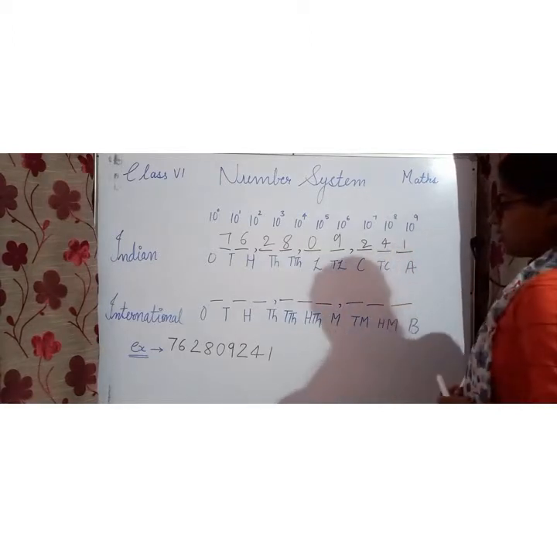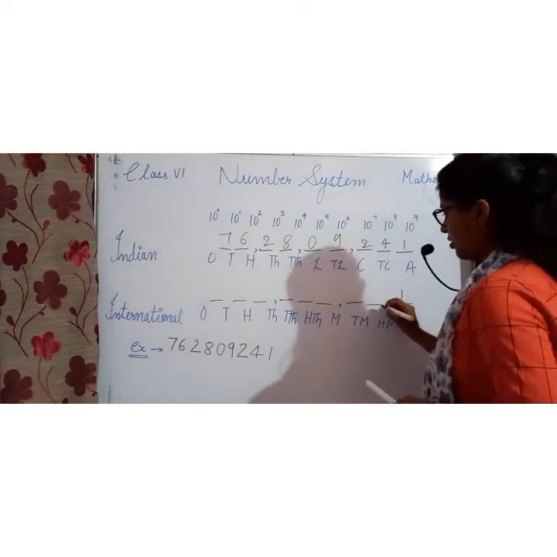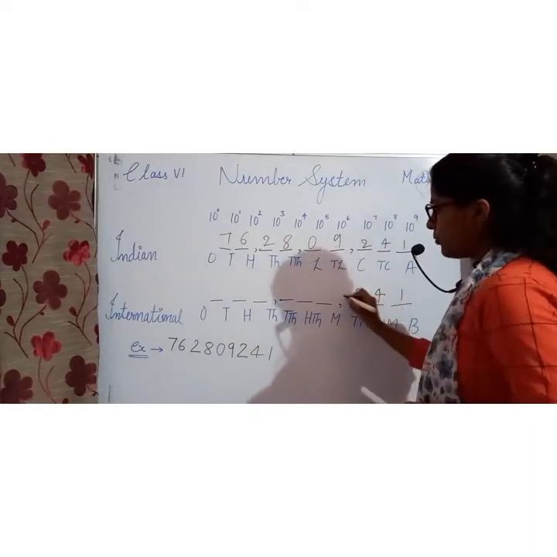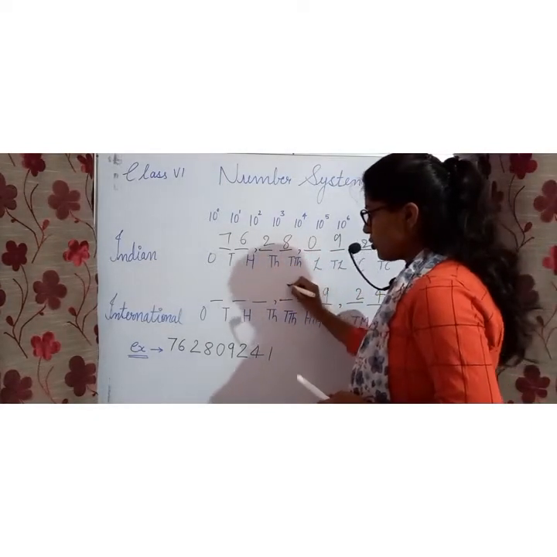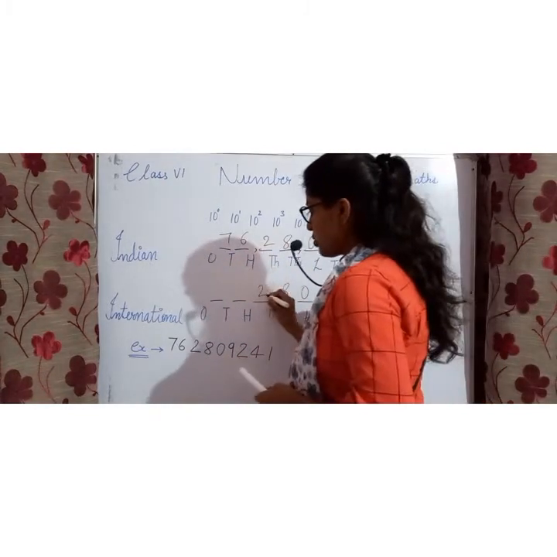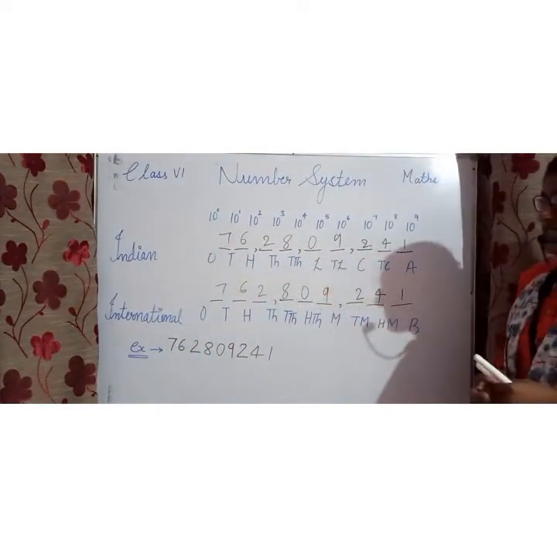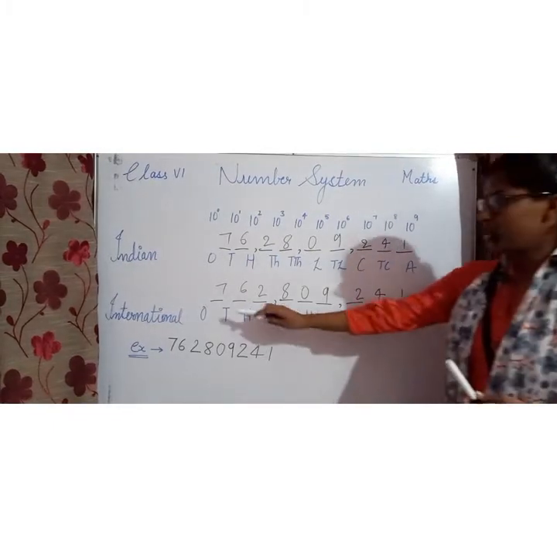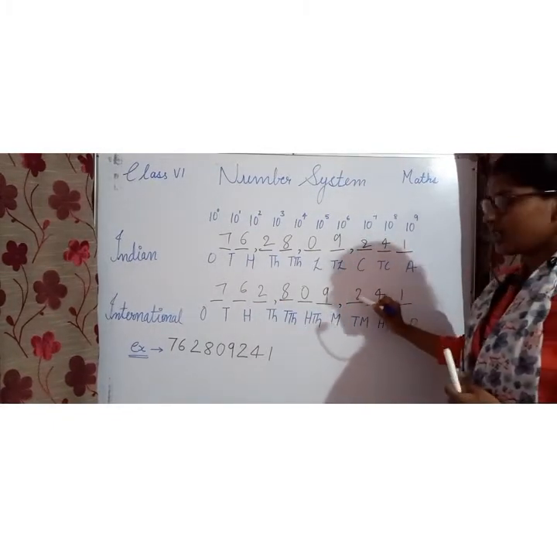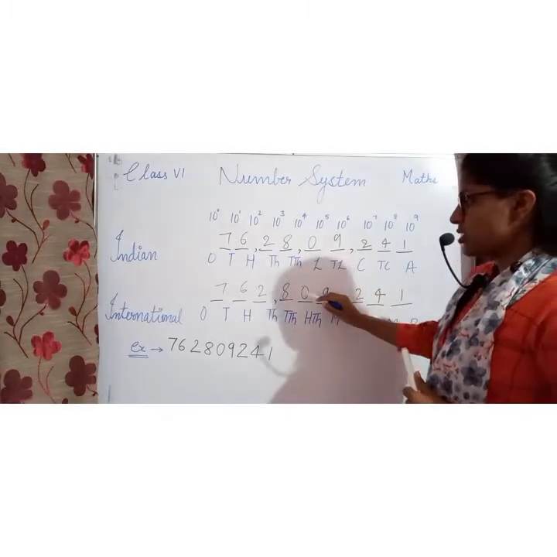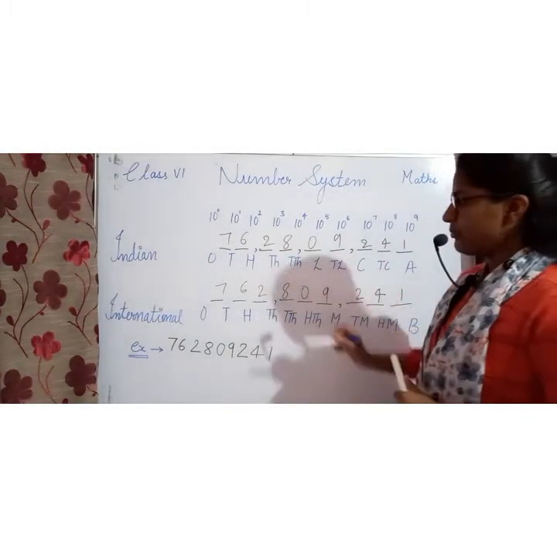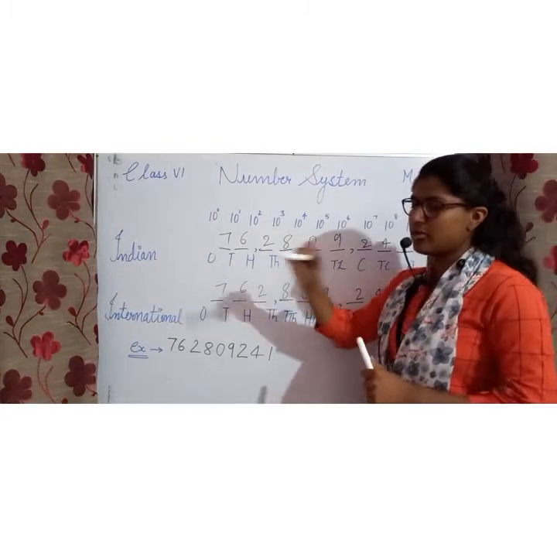And write, see here, 1, 4, 2, 9, 0, 8, 2, 6, 7. Now you can see here, this is ones, tens, 100, then 1000, 10,000, 100,000, then million, 10 million and 100 million.